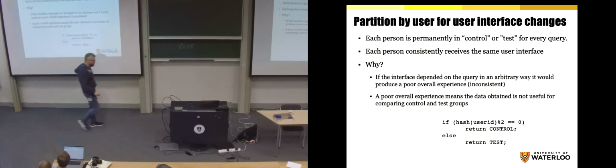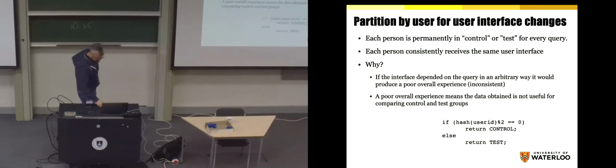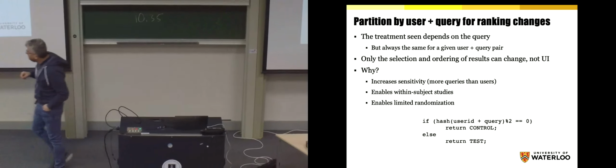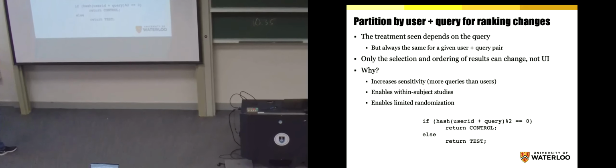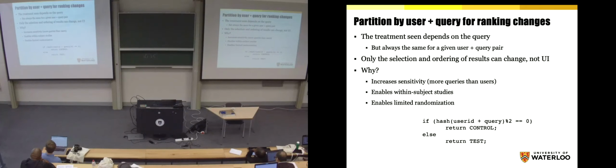Okay. Though for ranking changes, it's actually useful to do it by query. It's a little bit more complicated than this, but I'll simplify it this way: I enter one query, I see the old ranker, I enter a different query, I see the new ranker.